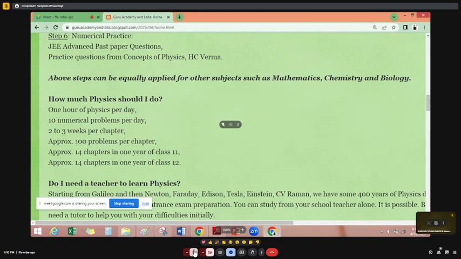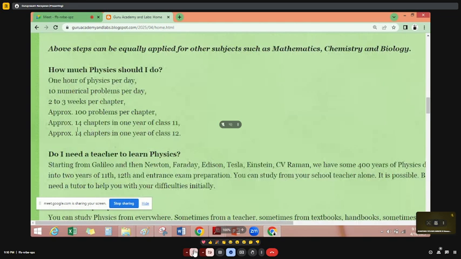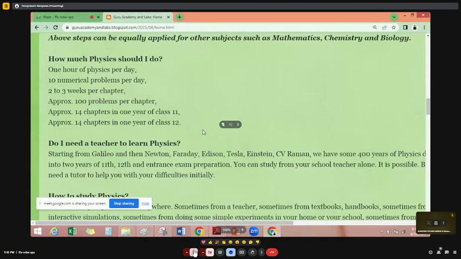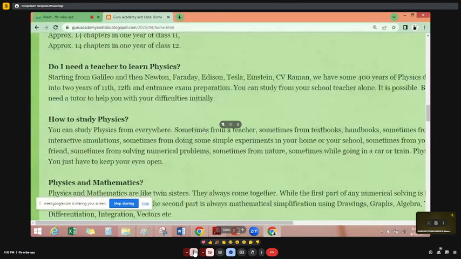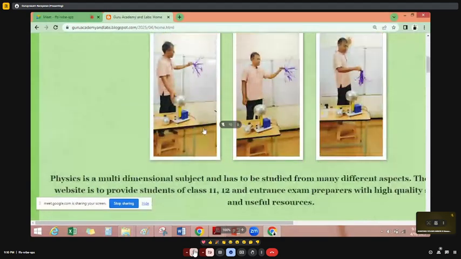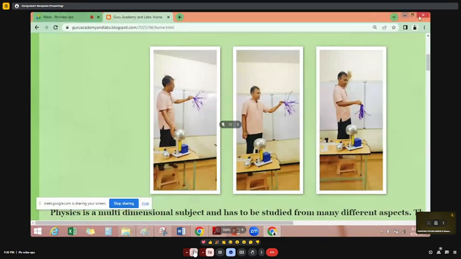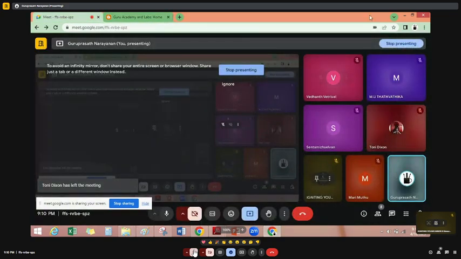Approximately 100 problems per chapter must be solved to get the confidence to face entrance exams. Approximately 14 chapters in class 11 and 14 chapters in class 12. So try it out. And if you want to disagree with me, you can definitely disagree. You can tell your thoughts, I can correct it. I am just giving you some guidelines.